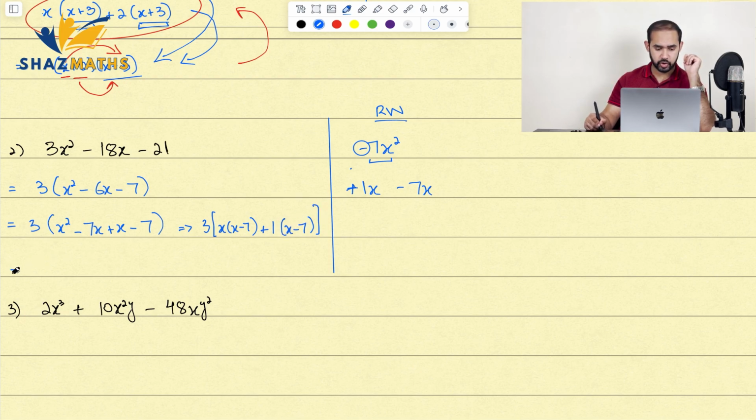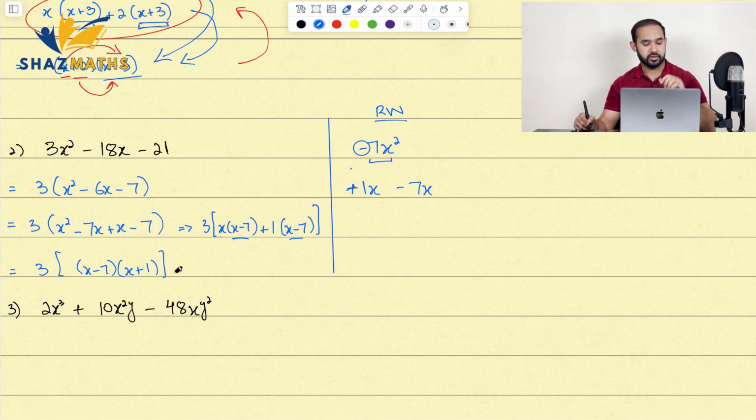So the last step was, you will write down these two expressions as ones. So it's going to be x minus 7 times, and the other two terms, that is x plus 1, as ones inside the bracket. So this is the fully factorized form of this expression.